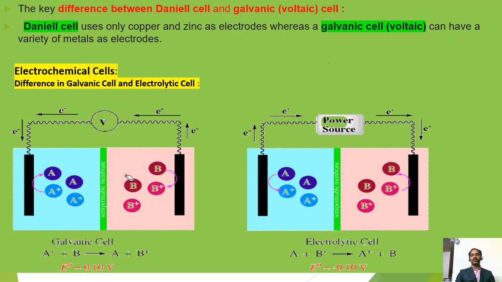In case of galvanic cell, the chemical reactions are spontaneous chemical reactions, which produce electricity. In case of electrolytic cell, the chemical reactions are non-spontaneous. By applying external force, we carry out the chemical reaction.